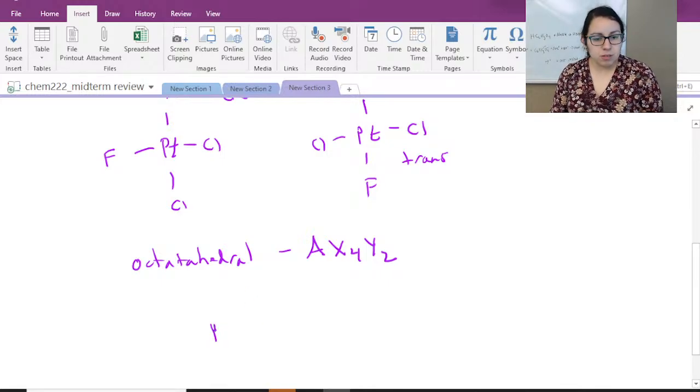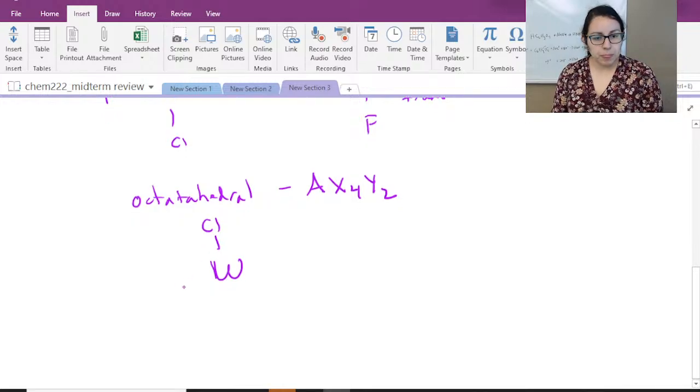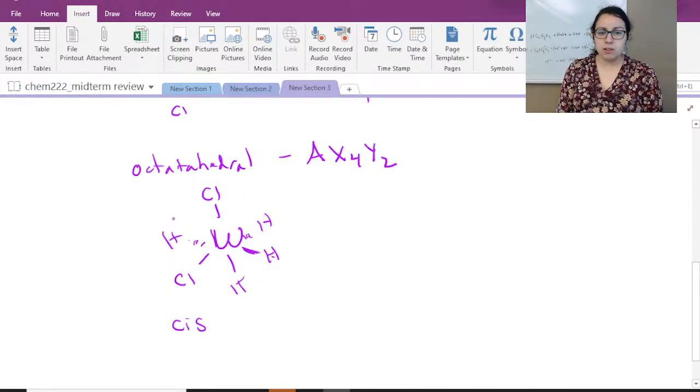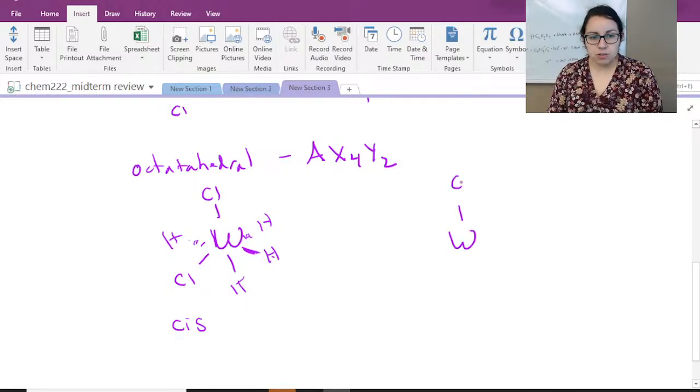So let's do tungsten. This could be one cis isomer. Obviously, this chlorine could move around, and that would still be cis. Versus the trans, where the chlorines would be across from each other.